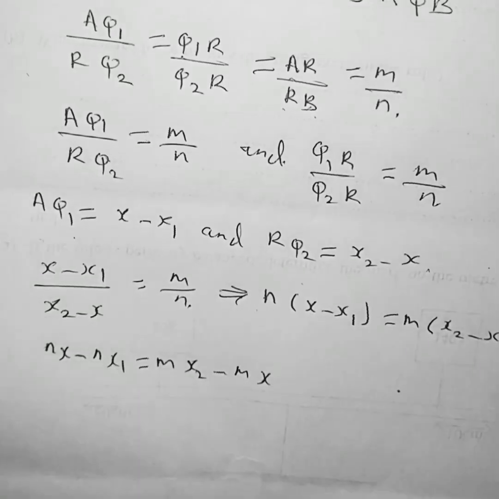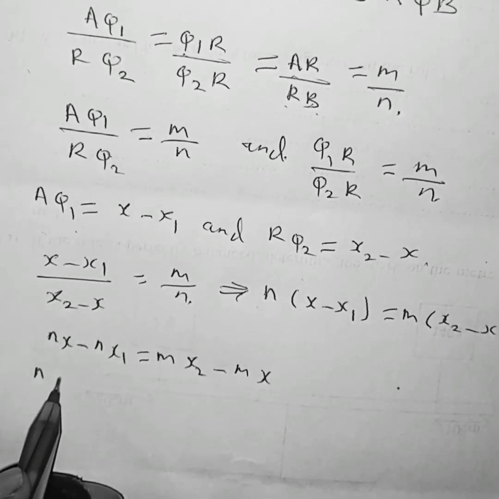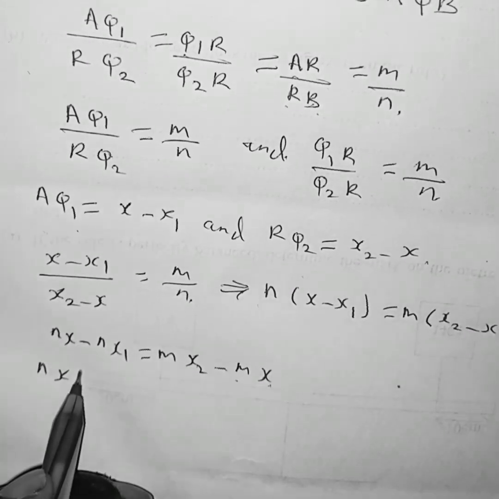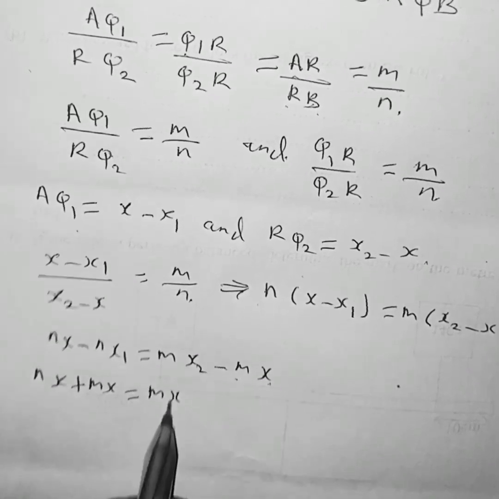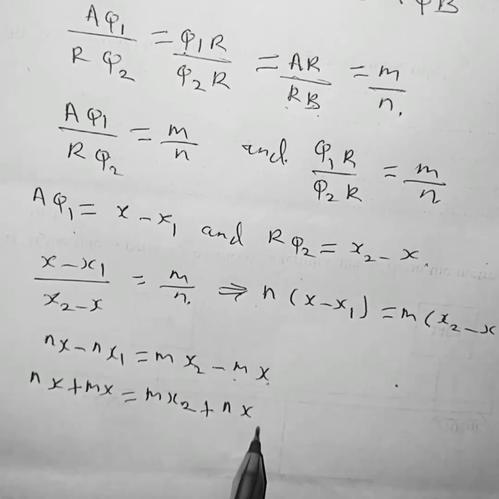We group the terms with x together, so we will have nx. Taking mx, which is negative on the right, it will become positive mx on the left, which is equal to mx2 plus nx1.